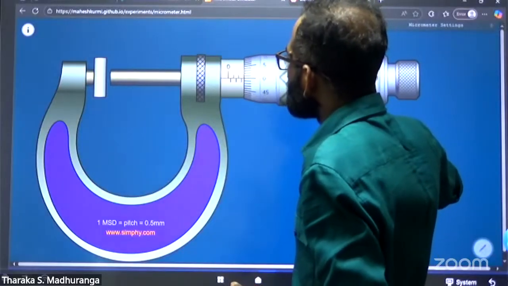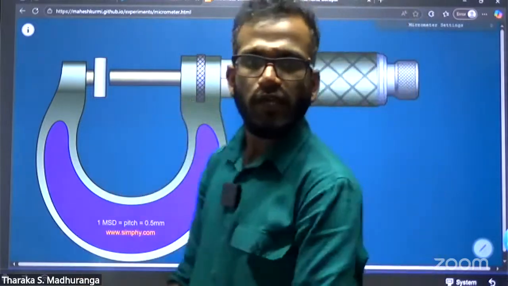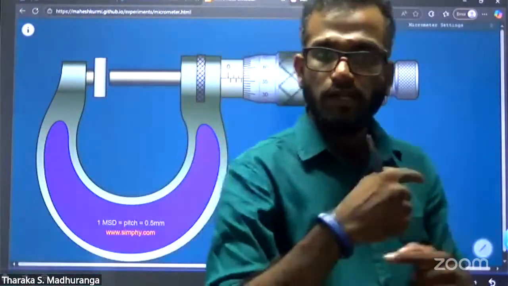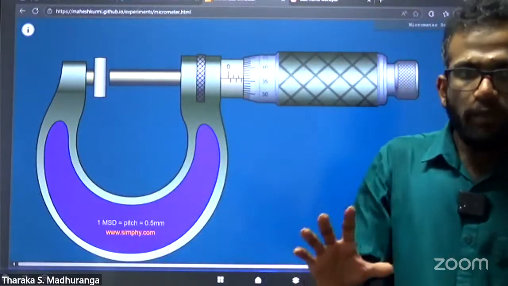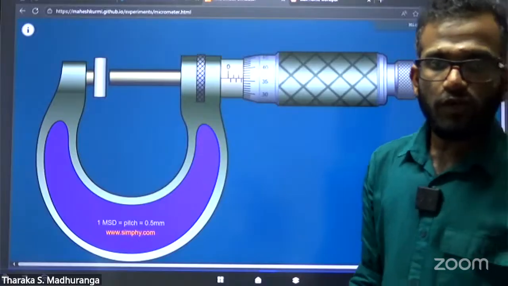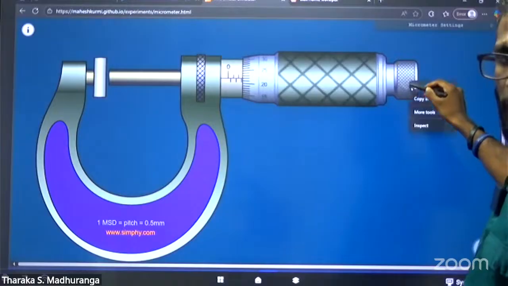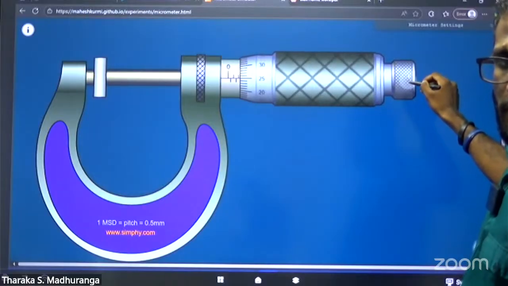When the spindle comes close to the object, we need to stop rotating by the thimble. Why? If I rotate continuously, it is possible to over-tighten. To avoid over-tightening, we need smooth rotation, so we rotate by the thimble head or ratchet. When it is tightened to the required level, you can hear a specific tick sound. Can you hear it?